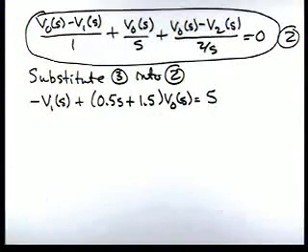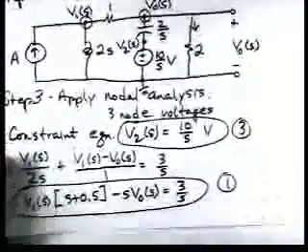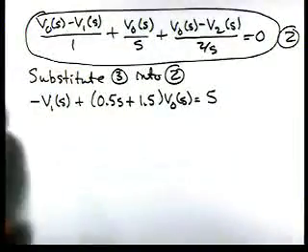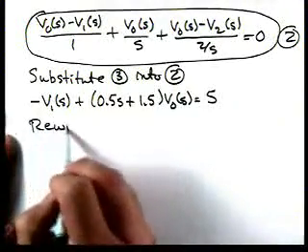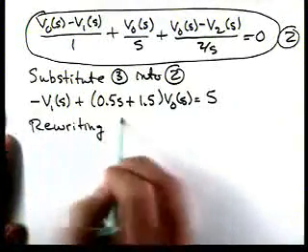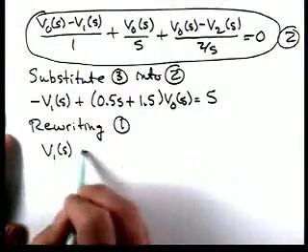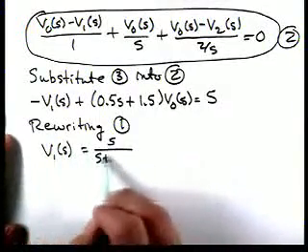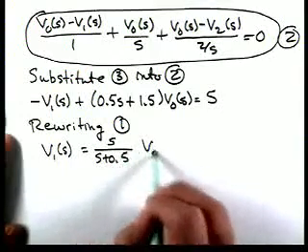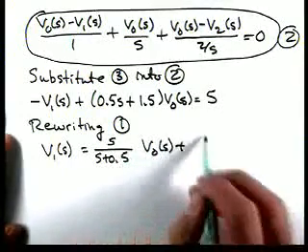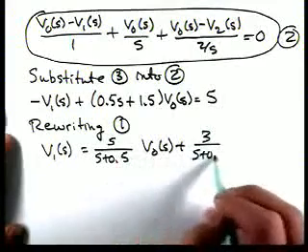Now, I'm going to take equation 1 and rewrite it. So, rewriting 1, we get V1 of S is S over S plus 0.5 times V0 plus 3 over S plus 0.5.